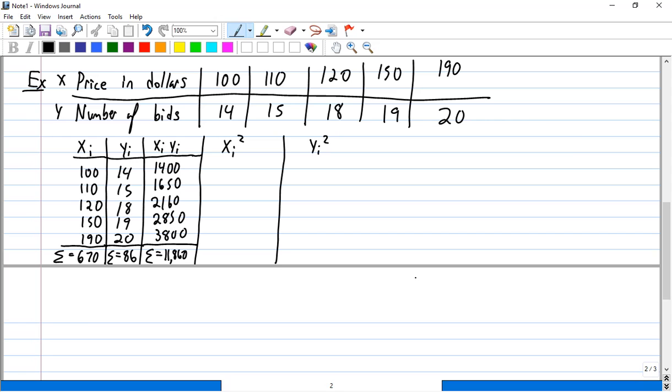So I need the sum of x squared and the sum of y squared. So that means I'm going to have to find x squared and y squared.